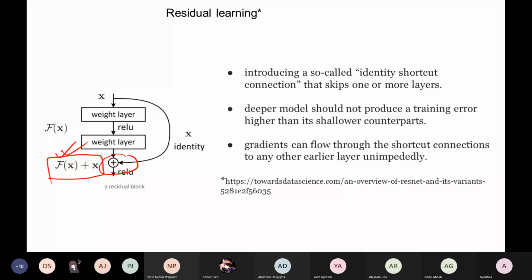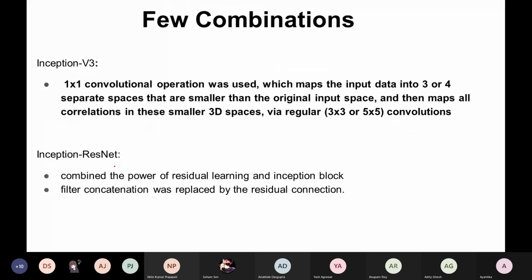Anything else? So these are the two main things we wanted to discuss today: why the vanishing gradient problem occurs and what the solution is, and how a highway network or this type of identity connection can solve this problem. Along with this, there are a few combinations, because last day we were also saying that every day we have some new machine learning or deep learning algorithm.